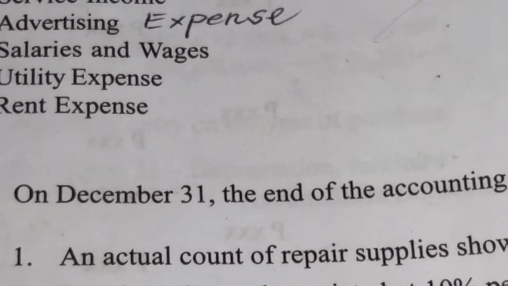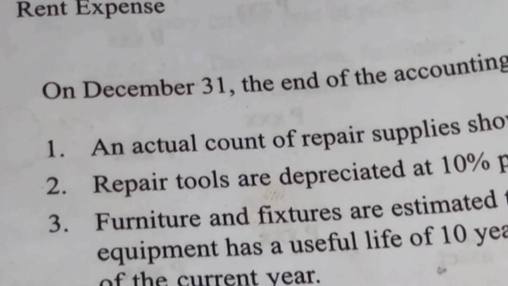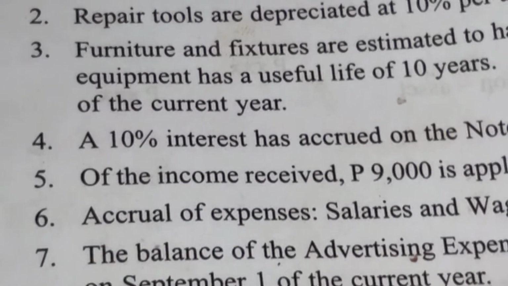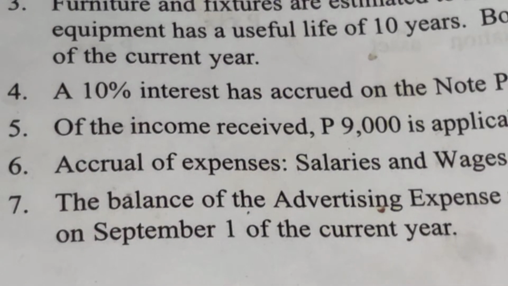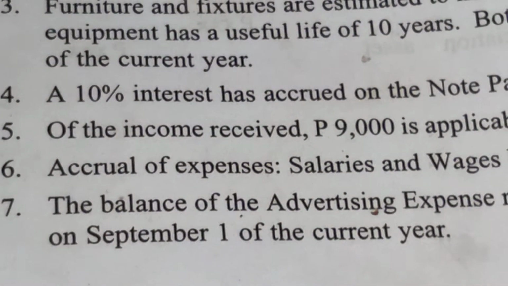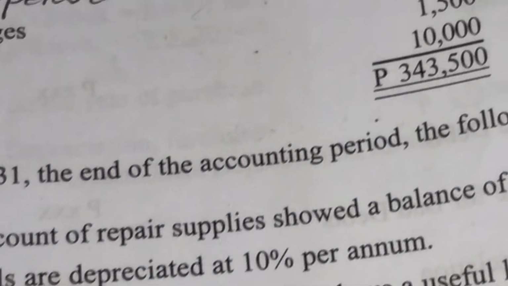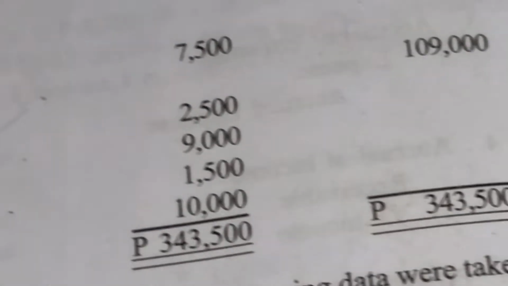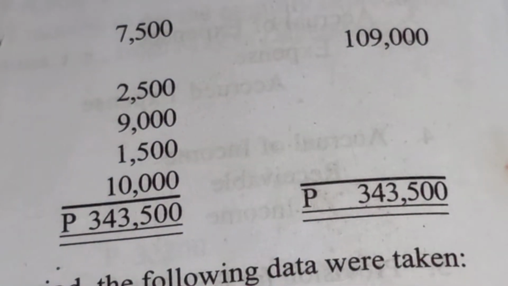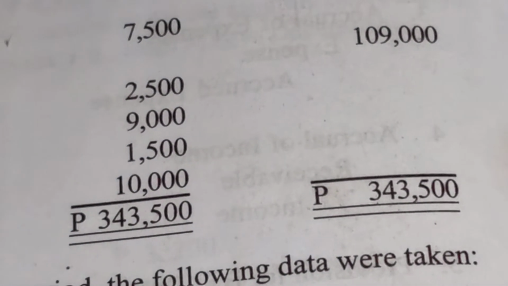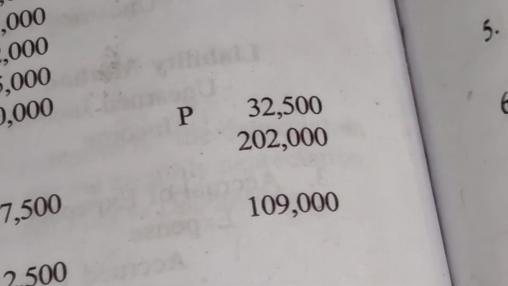So, you have to add some entries here: 1, 2, 3, 4, 5, 6, 7. You add these so that you may be able to account for all the debits and credits correctly and update your books accordingly. Okay.